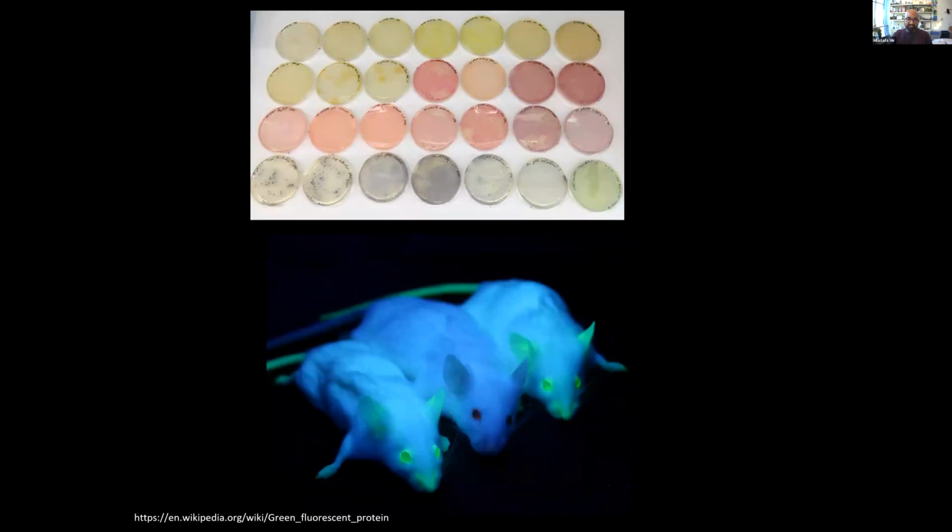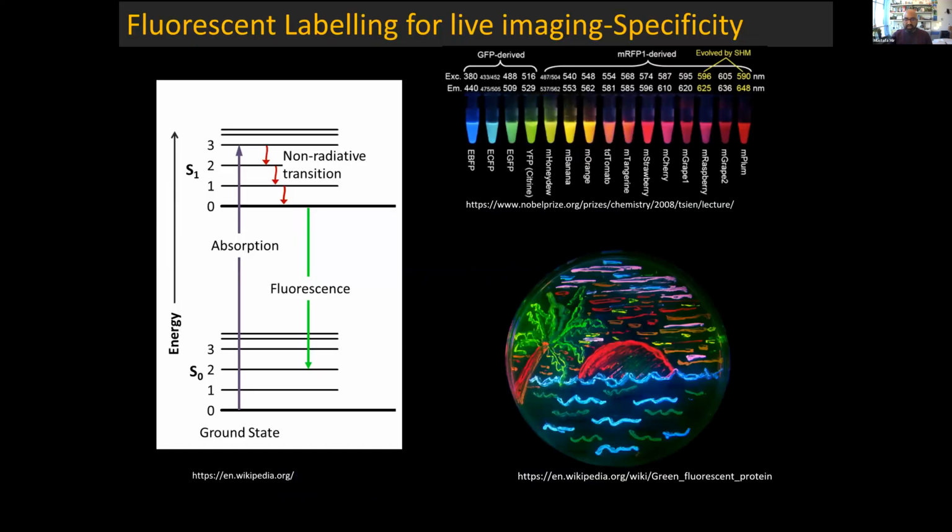For example, you can use it to look at protein expression in bacteria or in mice. Since then, people have developed a palette of fluorescent protein molecules that we can use for different studies, so we can have many, many colors to look at different proteins.